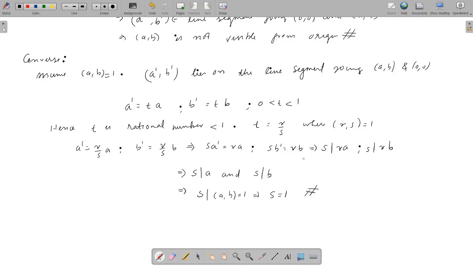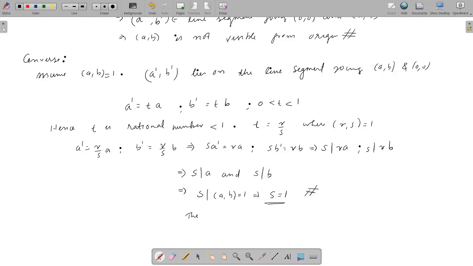We have assumed that T is less than 1, so R must be less than S. R must be a positive integer which is less than S. That is not possible because S is 1. If S is 1, then the only possible value of R is 0 as a non-negative integer, but that integer should be greater than 0. So there is no possibility for this R, so there is no such T. That means there is a contradiction.